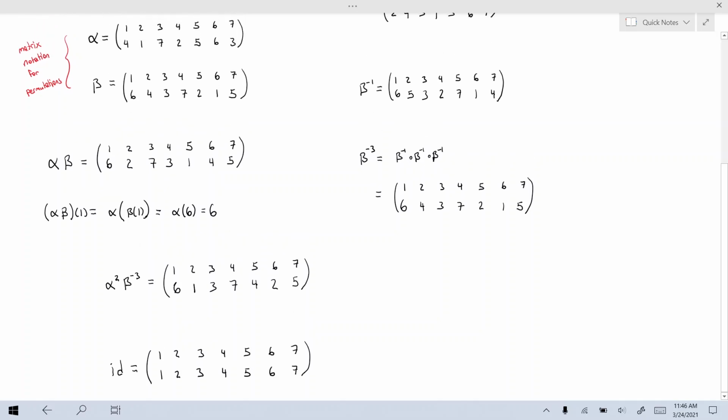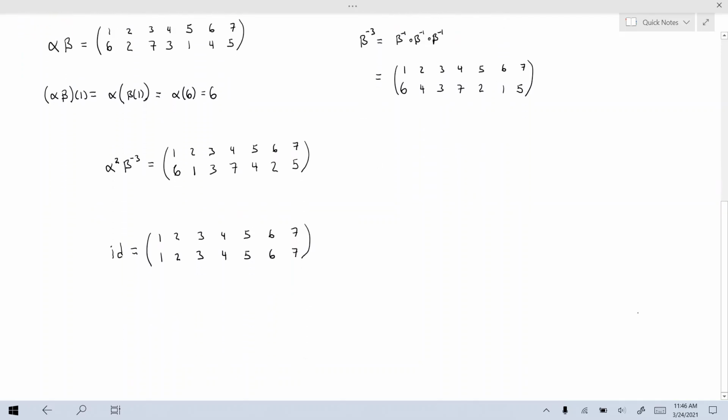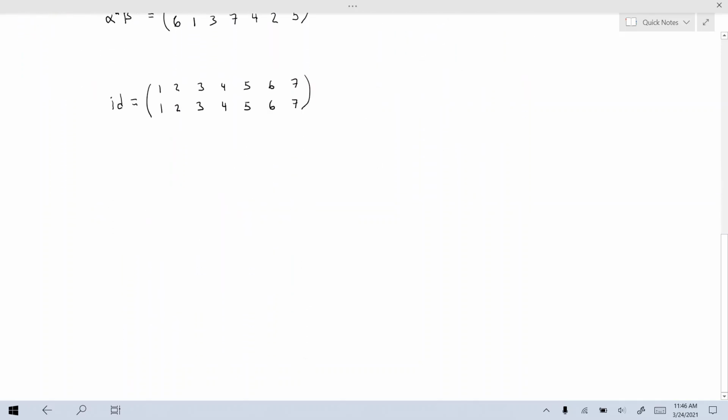Now, there's another way of notating permutations. Instead of this matrix notation that I'm using, there's also something that I call cycle notation. Okay? So I'm going to introduce how the cycle notation works.